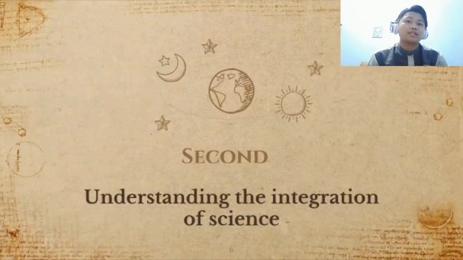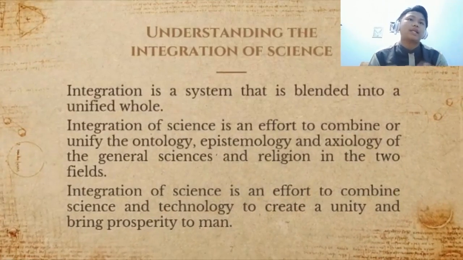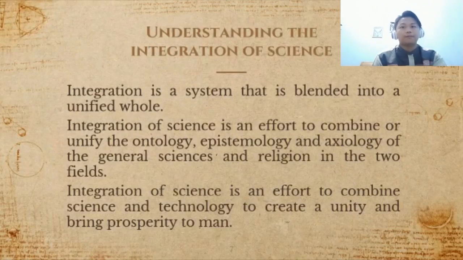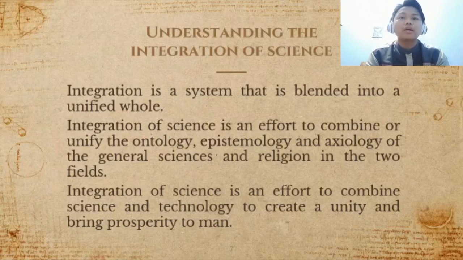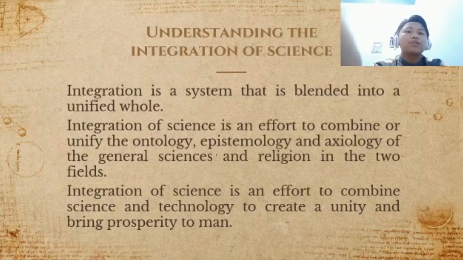Integration of science is an effort to combine or unify the ontology, epistemology, and axiology of general science and religion in the two fields. Integration of science is an effort to combine science and technology to create a unity and bring prosperity to man.